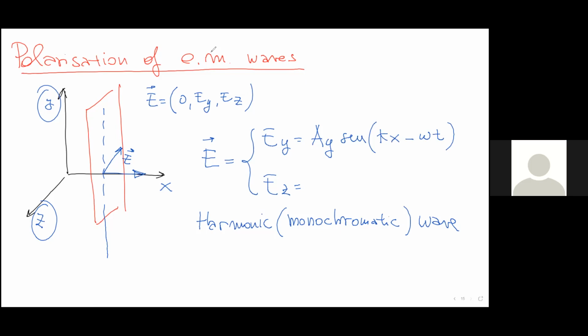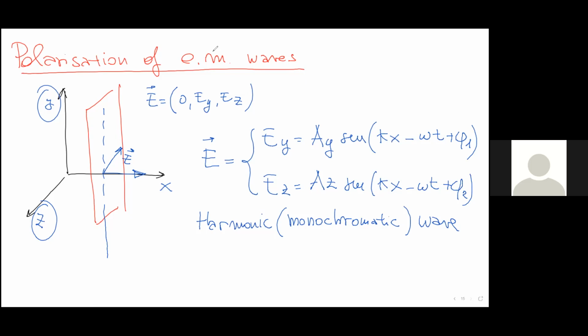And let me say that here there can be a phase phi1. And the field along z can have an amplitude Az times sine. It will have the same wave number, the same angular frequency, and possibly another phase, phi2.